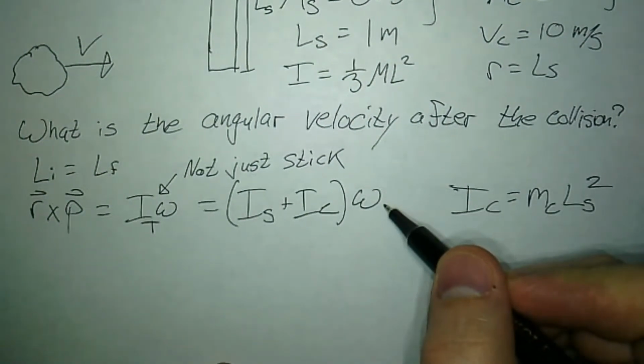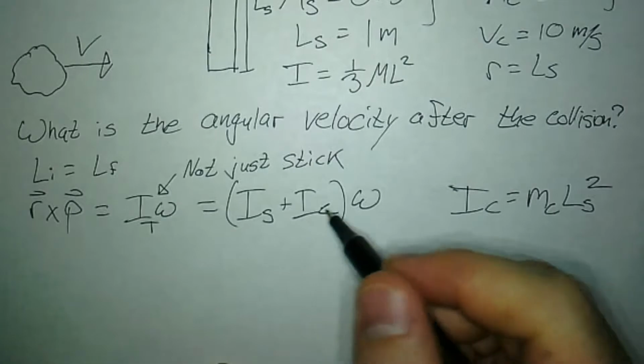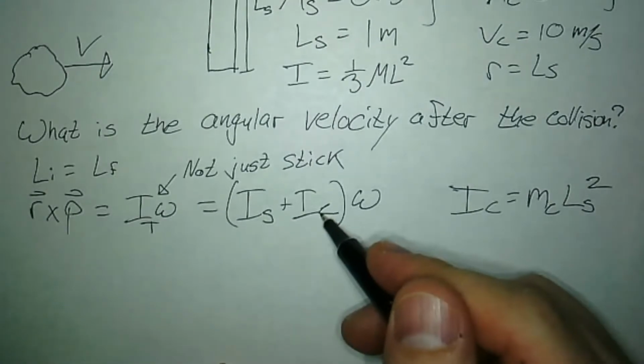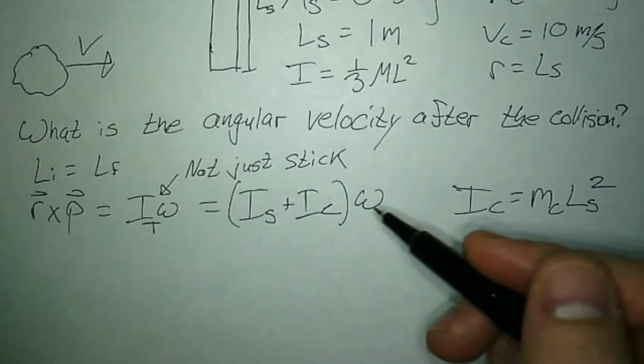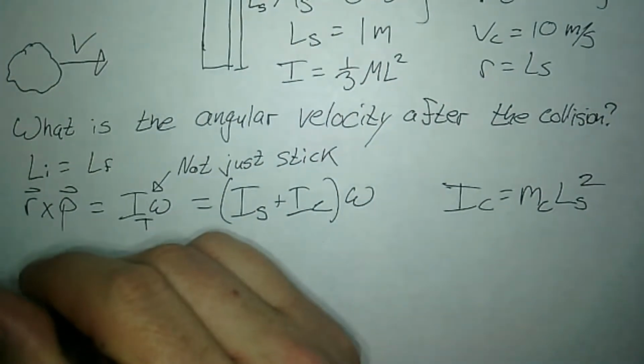Now, since we're looking for omega, we can either substitute in here or divide. I'm just going to substitute in here because, frankly, I don't like to have things in division very much.